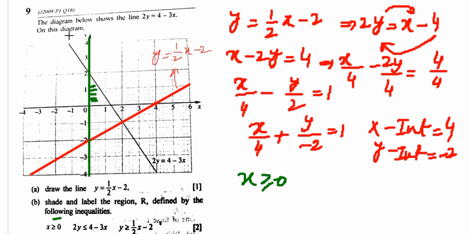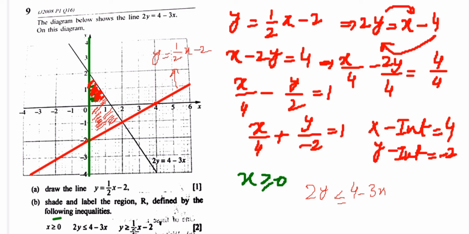So this shows numbers below this line. This red area shows the graph of 2y less than or equal to 4 minus 3x.